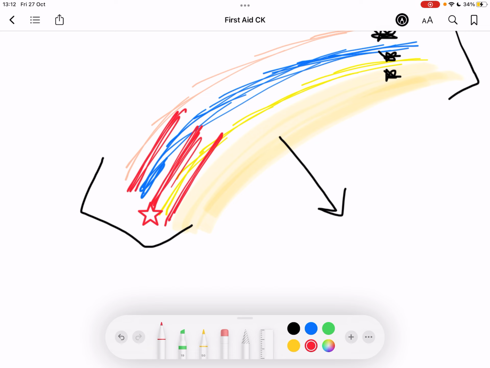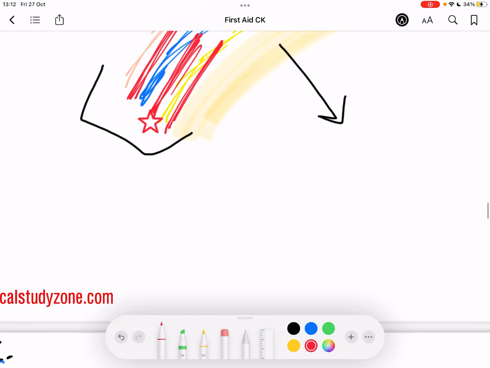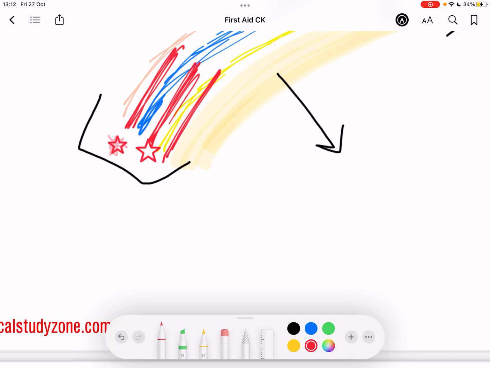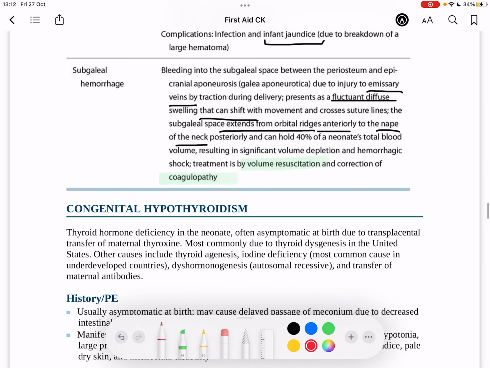If you have a smallish mass that is crossing suture lines, maybe you're talking about your caput succedaneum. And then if you're talking about a non-fluctuant hard mass, usually located in the occiput or the parietal areas, maybe you're talking about your cephalohematoma. So as you can probably tell, I'm still struggling with those a little bit, but there you go.